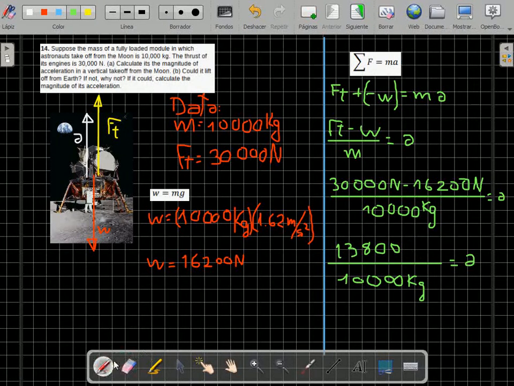Instead of newtons, I'm going to write kilograms times meters per squared seconds. And there they are, the meters per squared seconds that I need, because I'm going to cancel both kilograms, and what remains is the meters per squared seconds. 13,800 divided by 10,000 is equal to 1.38 meters per squared seconds.